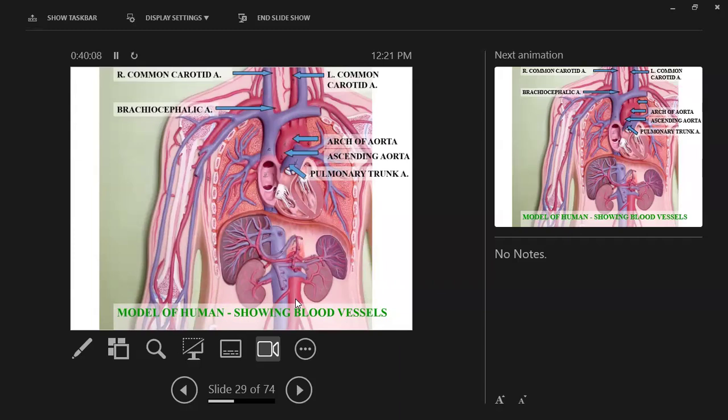Remember, the subclavian artery and vein run side by side, just like many other arteries and veins. So there's the left subclavian artery. It's the last of these three arteries here, coming across the top, right before the aortic arch dives down to go through the diaphragm. Right here is the subclavian.